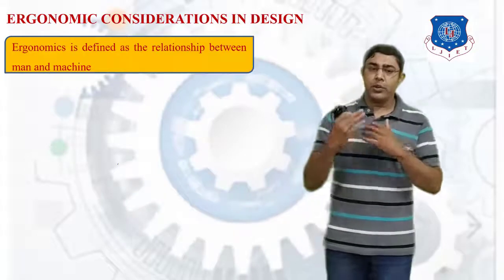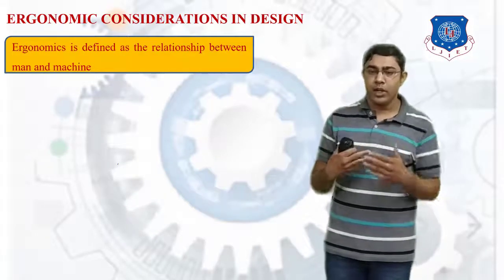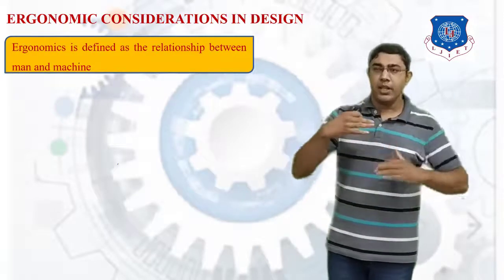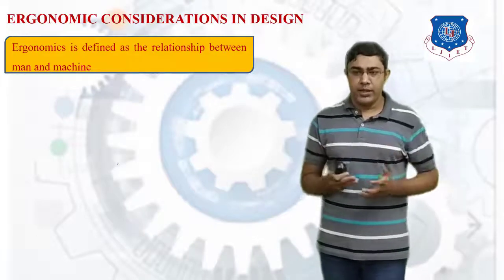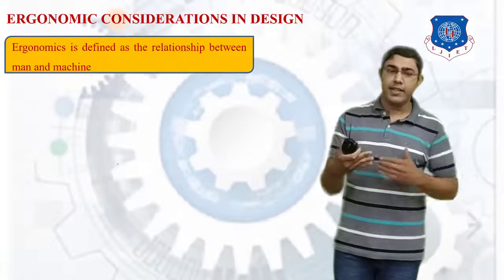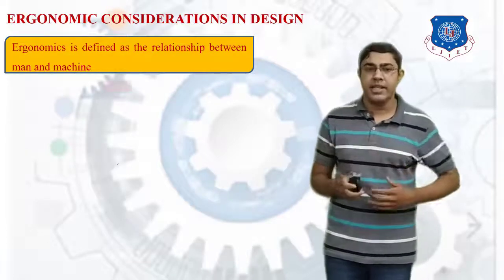So when you do the design, you have to consider the ergonomics. It means you have to design the component so that it can be easily used by the human. So you have to apply the relationship between man and machine while doing the design.